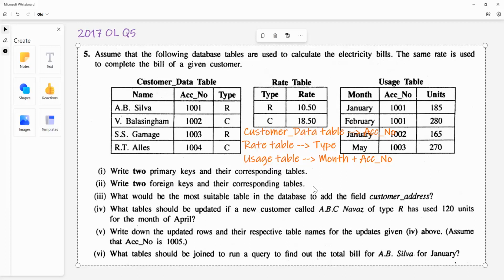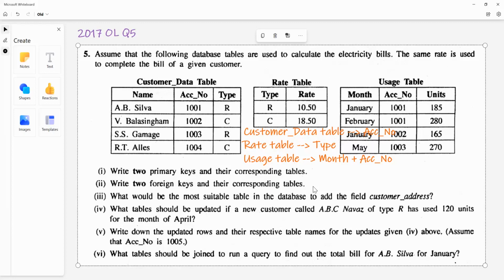Now look at the first table, customer data table. Do you see any of the fields common in other tables? Name? Yes, account number is common with the usage table. Is that all? Type. Yes, we have both account number and type.